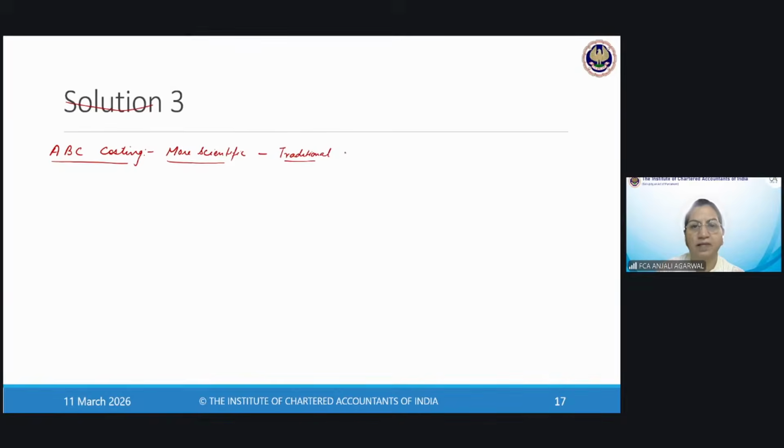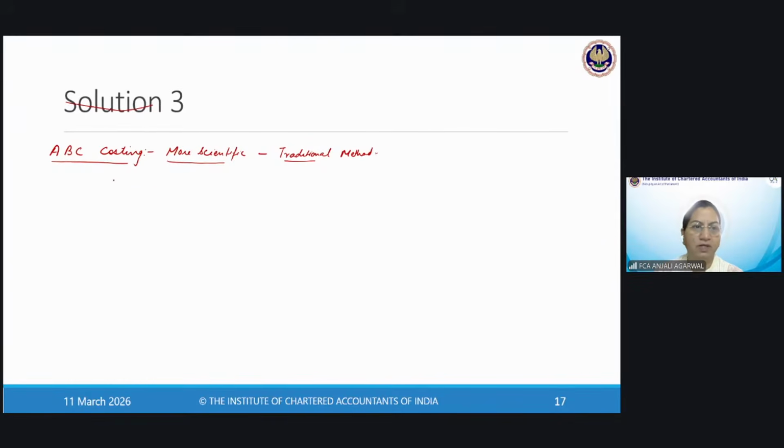Under the traditional method, we create a predetermined rate for overheads, which could be on the basis of labor hour, machine hour, material cost, labor cost, or prime cost. So you divide all the overheads on the basis of this ratio or this predetermined rate, which may not be appropriate.